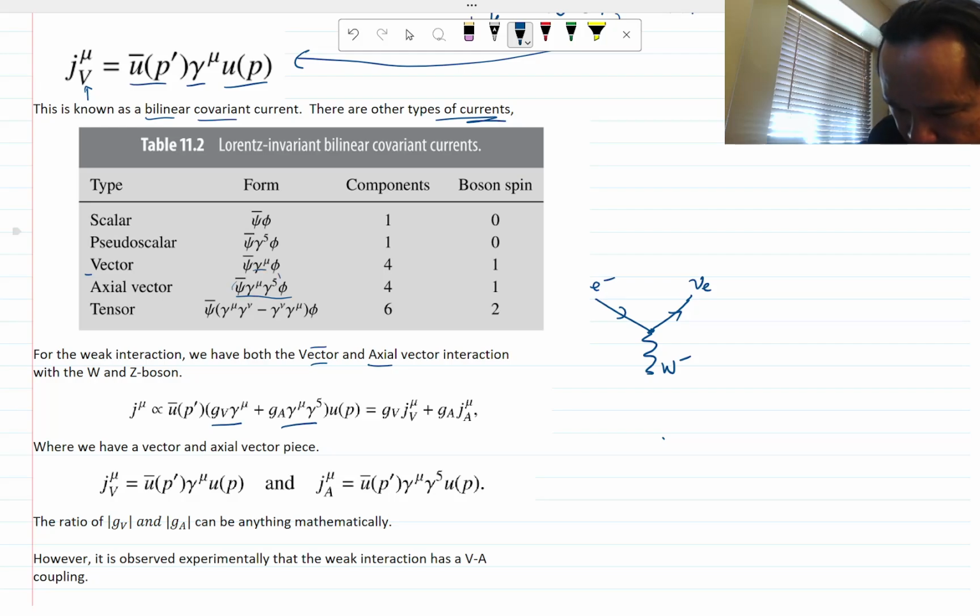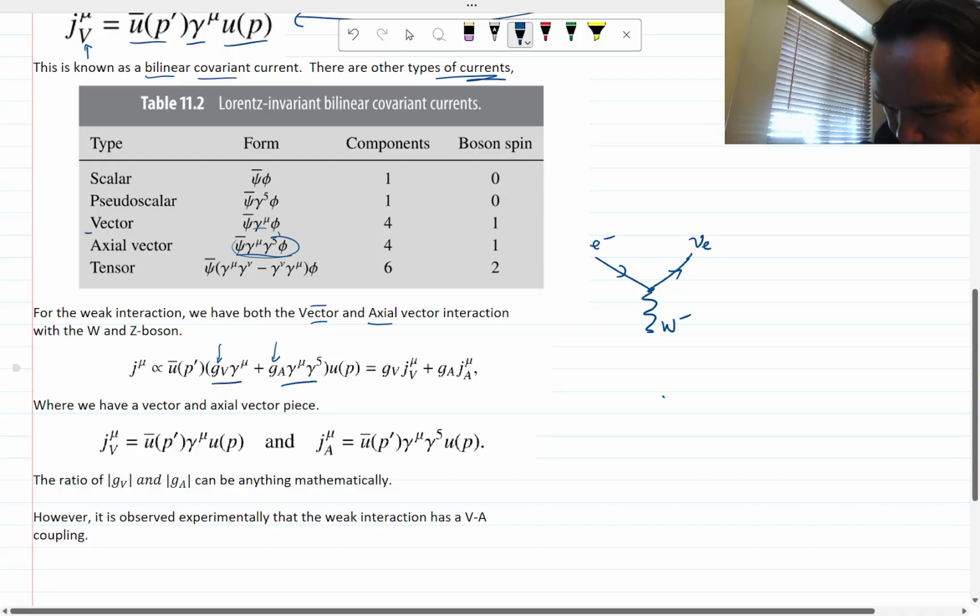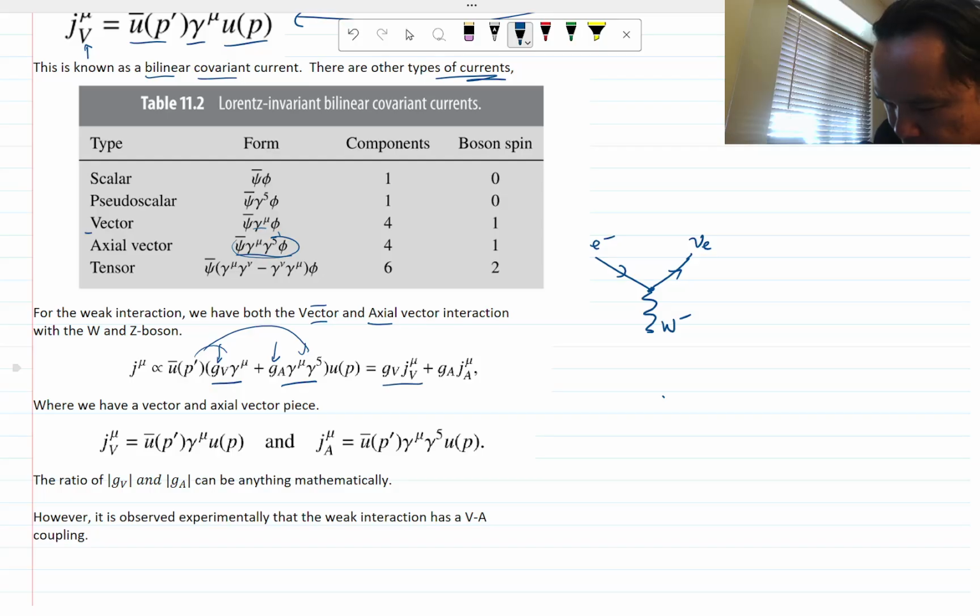The gamma 5 represents the axial part, and the constants GV and GA represent how much vector and how much axial vector there is in each piece. You can simplify this by multiplying these through: there's some vector current and some axial vector current piece, and how big they are is represented by GV and GA.